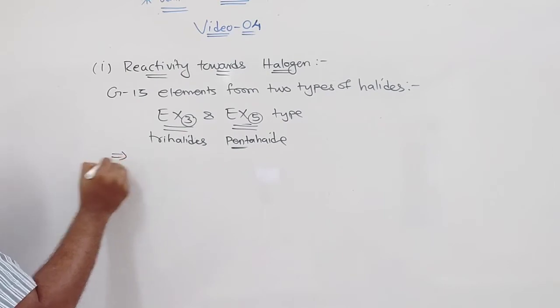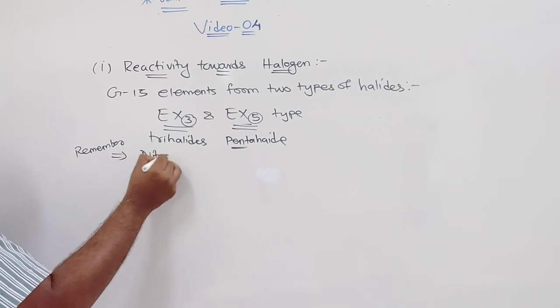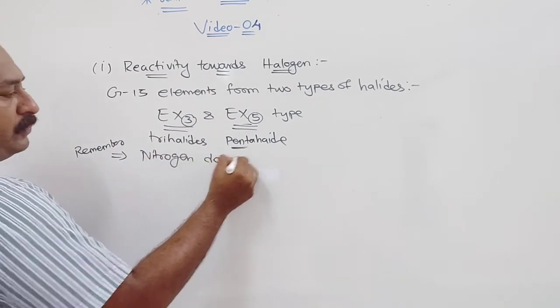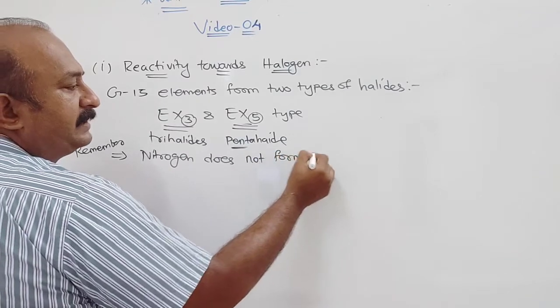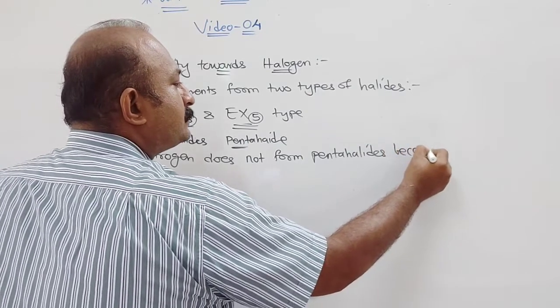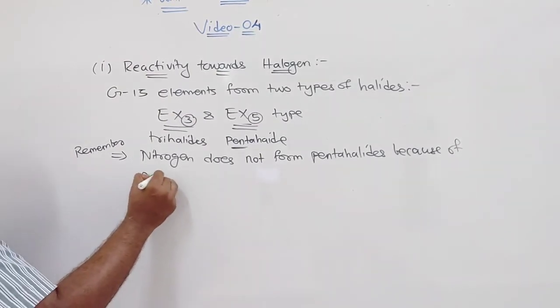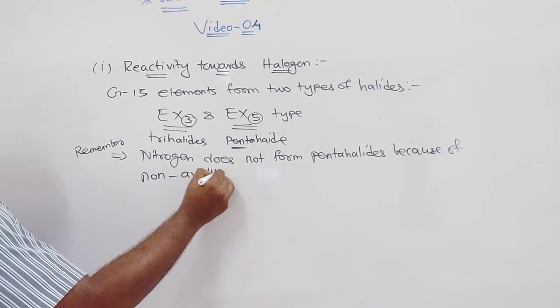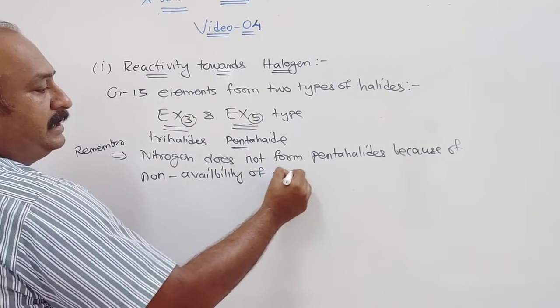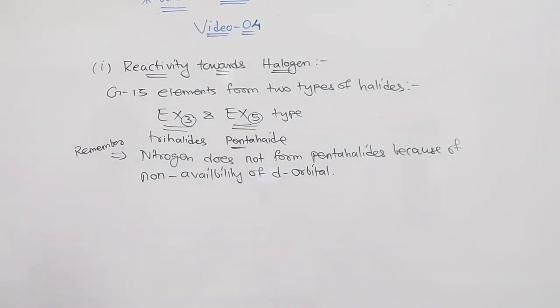Nitrogen, remember this, is important: nitrogen does not form pentahalides because of the unavailability or non-availability of d orbital. This is the reason why it does not form. Nitrogen does not form pentahalide. So this you have to remember.